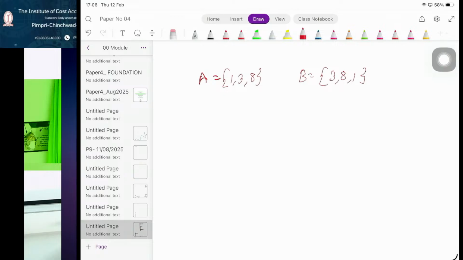Doesn't matter. Here 1 is there, here 1 is there, here 3 is there, here 3 is there, here 8 is there, here 8 is there. Number of elements counting same, members same. So we say A and B are 2 equal sets. Refer page number 5.